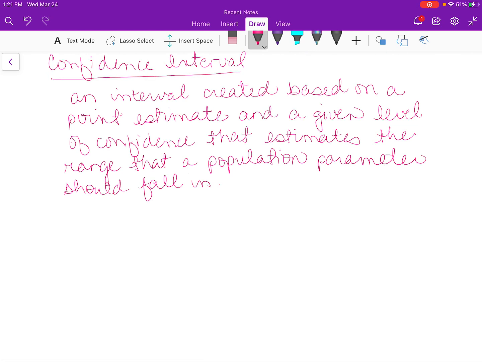So this confidence interval will start with a point estimate. That's going to be your center. Because that's in the center, we're going to need to go above the point estimate and below the point estimate to create that interval.